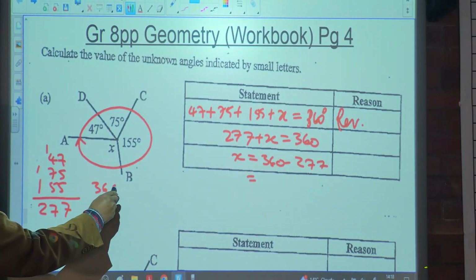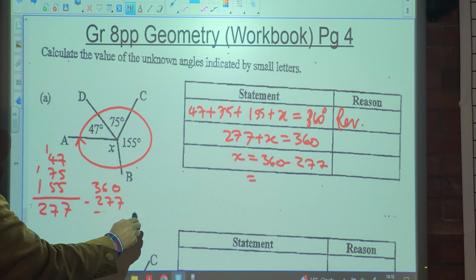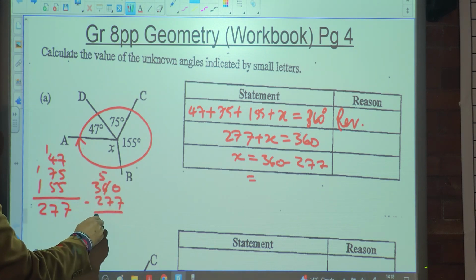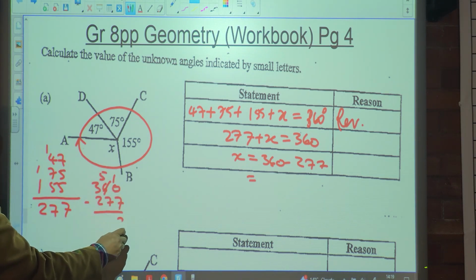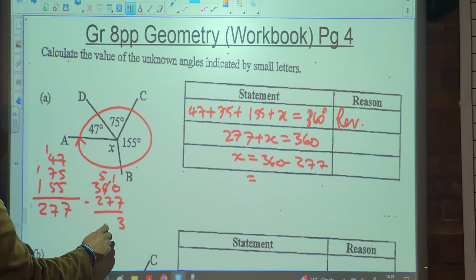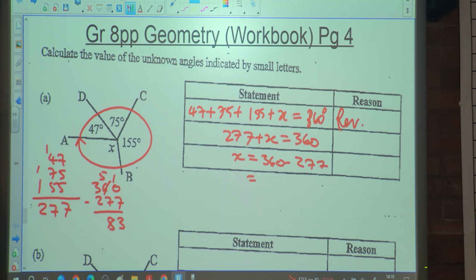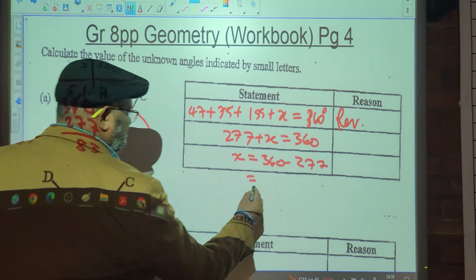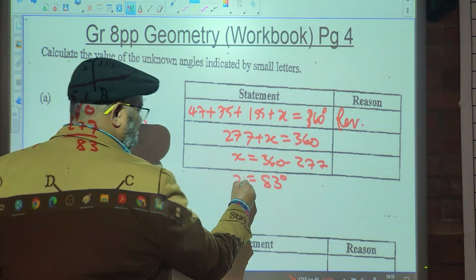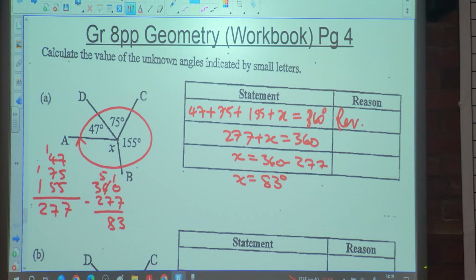If you take away, 35 minus 27 is 8. Is that correct? Yes. It gives you 83. Who got 83? Nice.